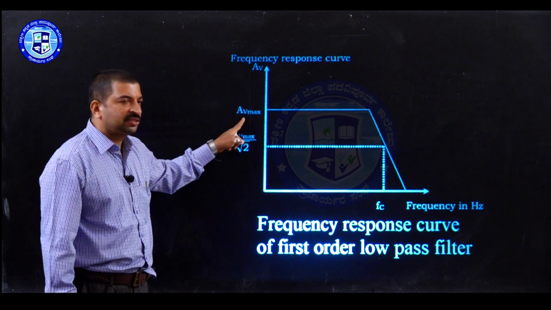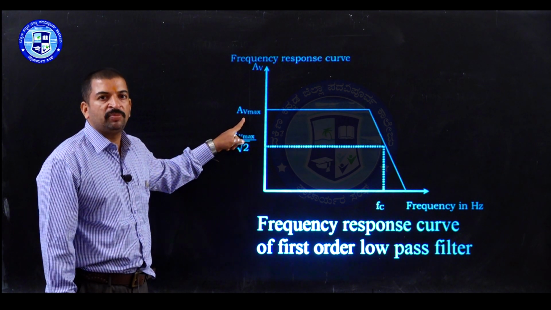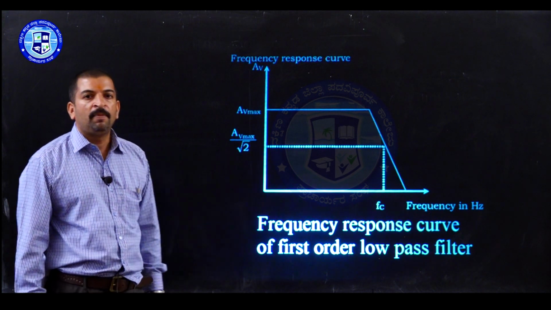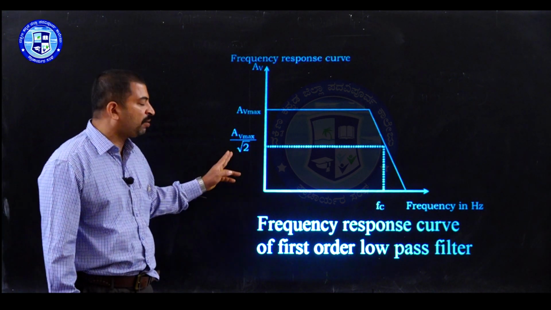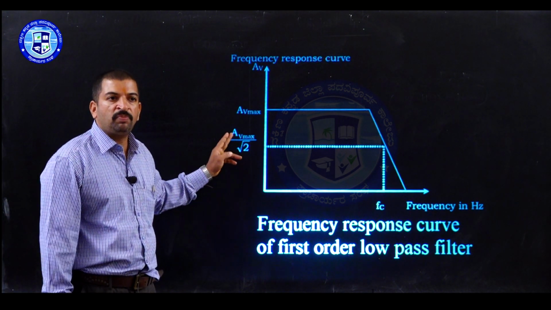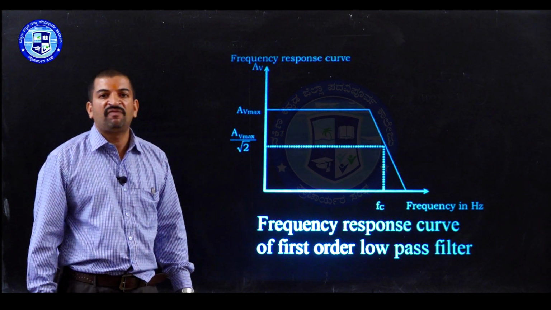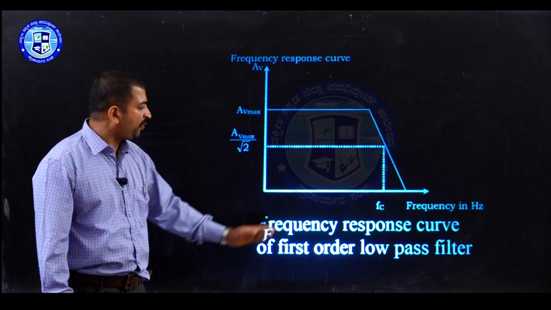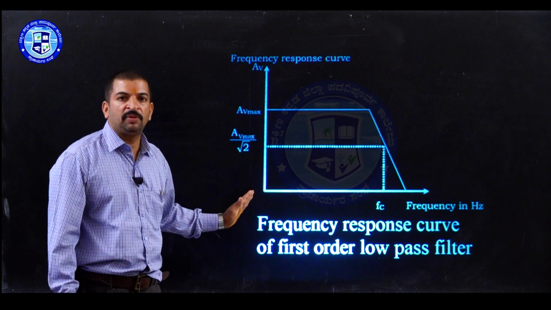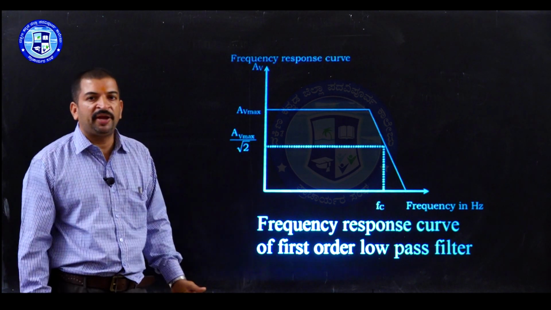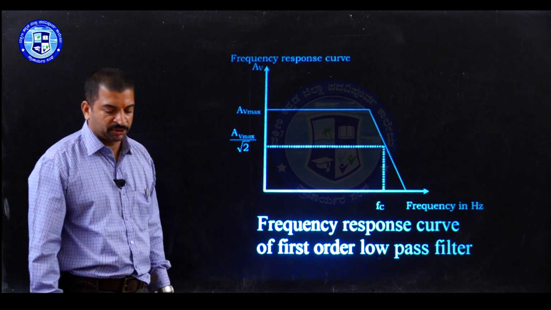In this graph, AV maximum is the maximum voltage gain. The frequency corresponding to 0.707 times the maximum gain, or 1 by root 2 times the maximum gain, is called the critical frequency. The frequencies below the critical frequency will be allowed to pass through. The frequencies above the cutoff frequency will be blocked by the circuit.